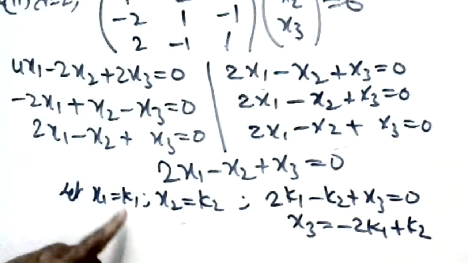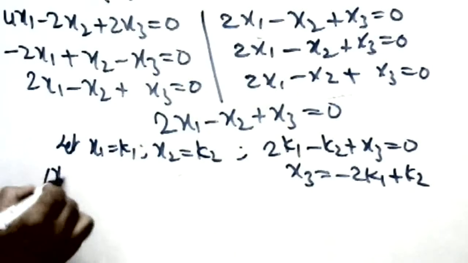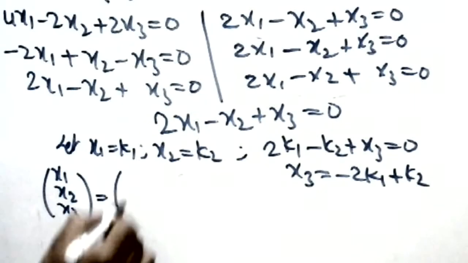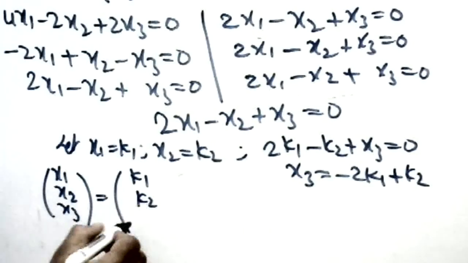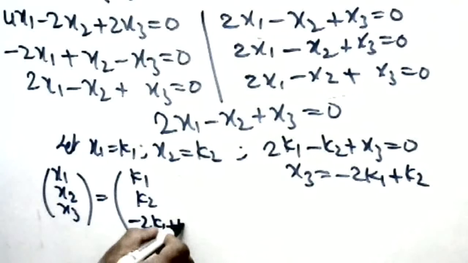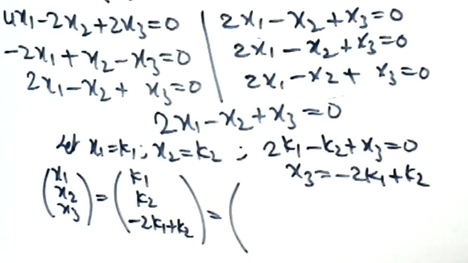Now we are having x1, x2, x3. Let me write this. Writing x1, x2, x3, we have x1 as k1, x2 as k2, x3 as minus 2k1 plus k2. Now this step is very important.